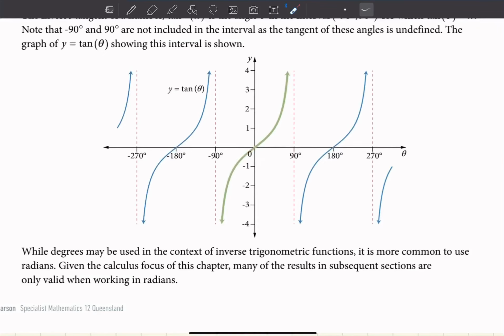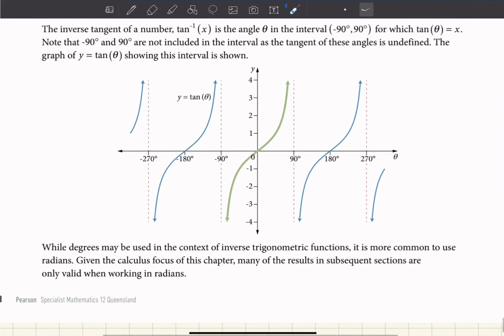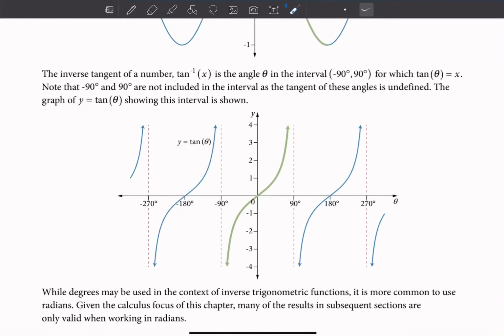If we start including a larger domain, we would be including this one here. So if I pick y equals 1, it could be here, here, or here. Now I've got multiple, so all I need to do for the tan function is define the domain between these two asymptotes, negative 90 and 90. That is similar to the sine function, but it would not include 90 and negative 90 degrees. So these asymptotes are not included.